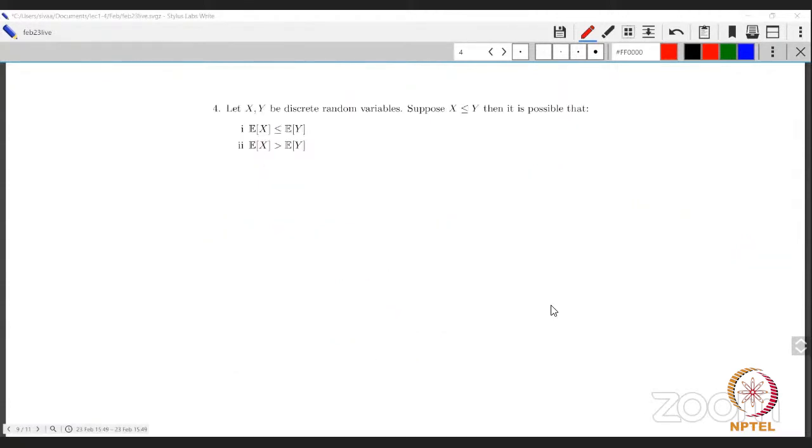How does one proceed? So let me try and write down. What one would do is, see, x is less than y, right? So you define z to be equal to y minus x. What do you know about the range of z now? What values will z take?